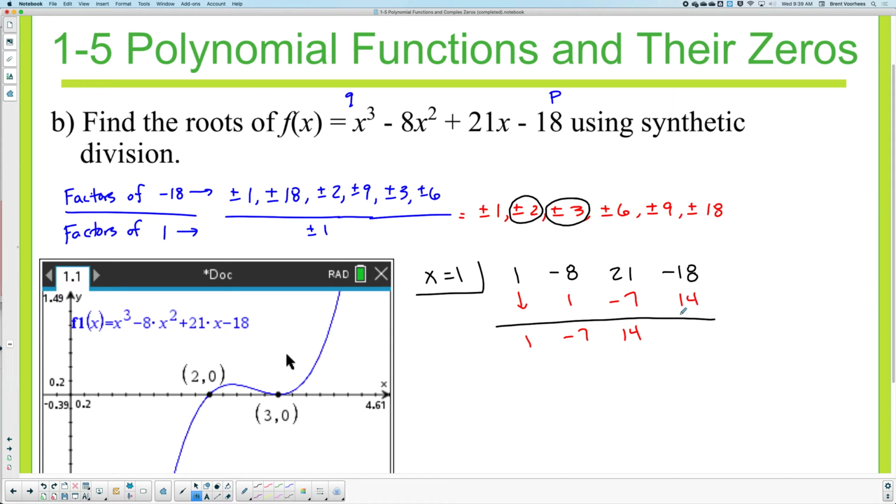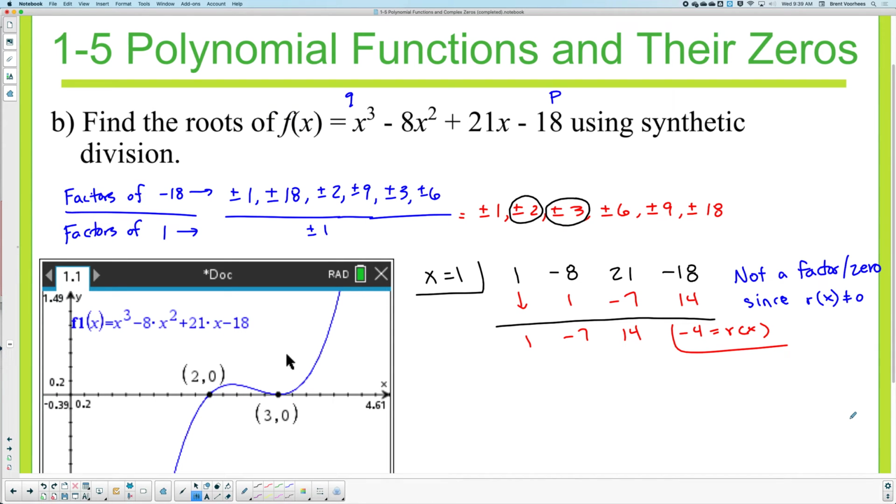What is -18 plus 14? -4. That's your remainder. Is that a factor? No. So I'm going to go ahead and just leave that here. Not a factor, since our remainder does not equal 0.